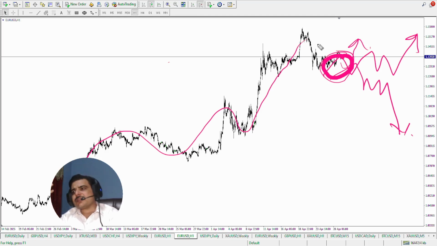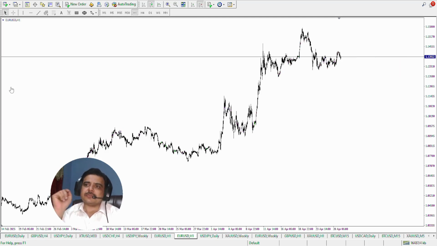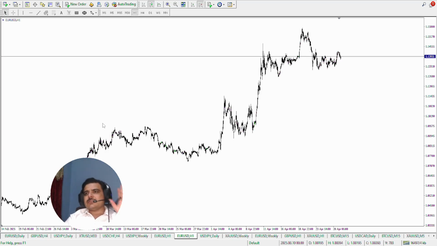Now one question arises in the mind of a trader: there is a lot of data, years' worth of data, which data should I follow? Pay very close attention to that. The first thing you need to do is zoom out your chart and try to find any trend that is present in the market.